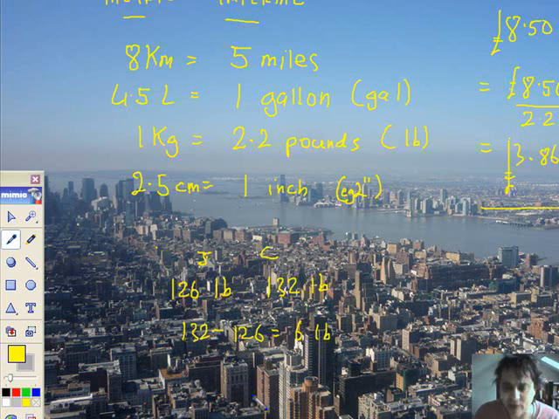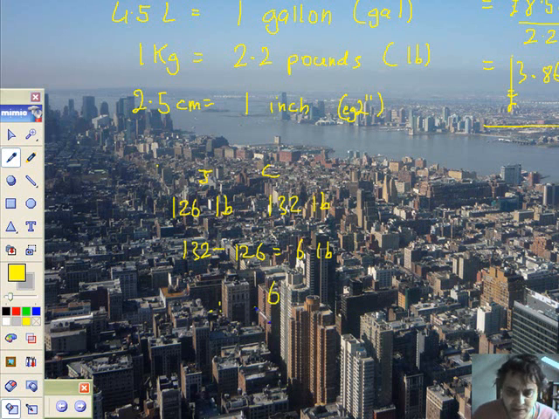So to convert that into kilograms, I simply divide by 2.2, because 2.2 pounds per kilogram. 6 divided by 2.2 is approximately 2.72 kilograms heavier. Nothing to worry about. Alright, that's that one.